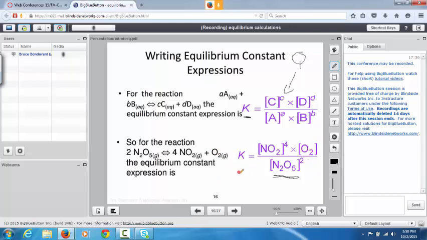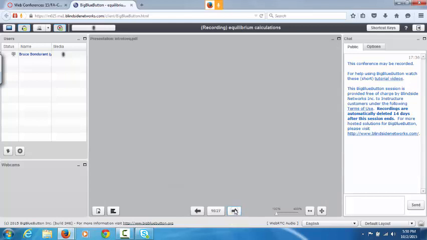And that's what K eq will be. The equilibrium constant will be equal to this. In other words, the equilibrium constant is Q when the reaction is in equilibrium.